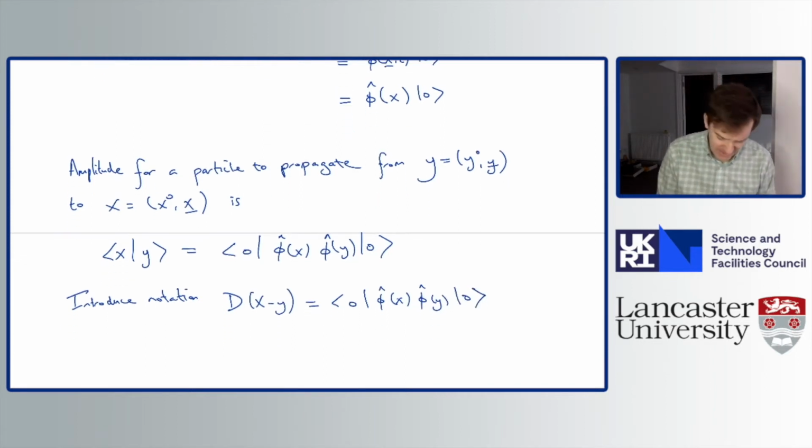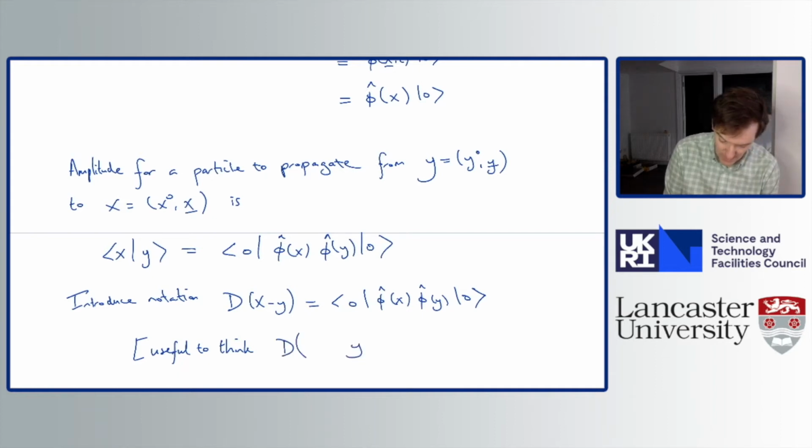Just as an aside, this is a notation that's usually in the books, where you have the minus sign. It can also be useful to think of this as y going to x.